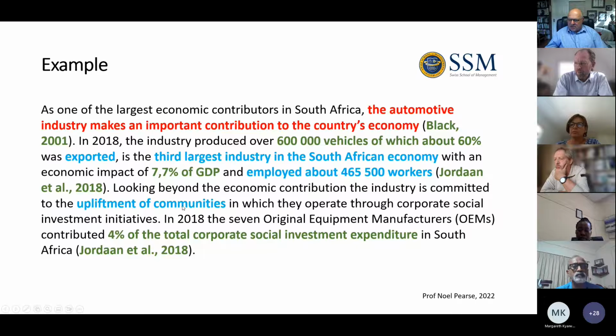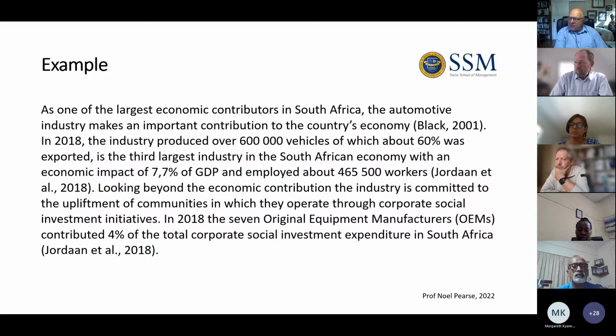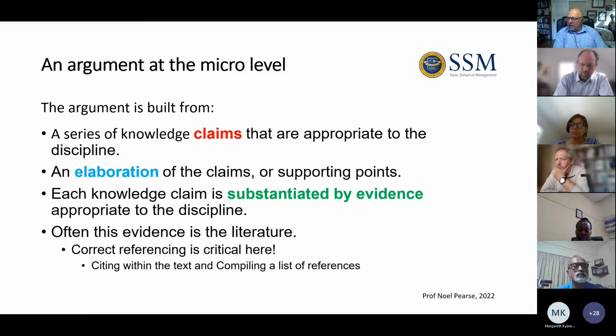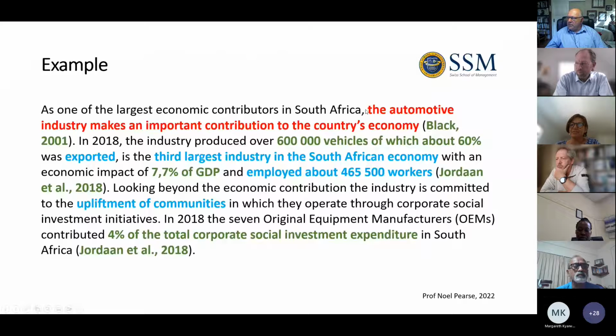Now, what is the evidence for this claim? As you can see in green, with the reference in black, 600,000 vehicles, which is 60%, were exported. It contributes 7.7% of GDP, according to Jordan, and also 4% of the corporate social investment expenditure, according to that source.